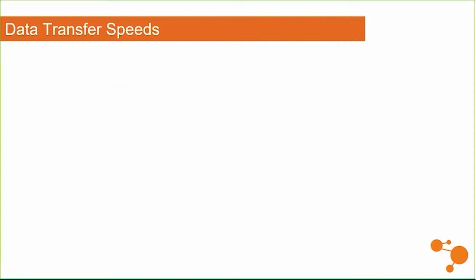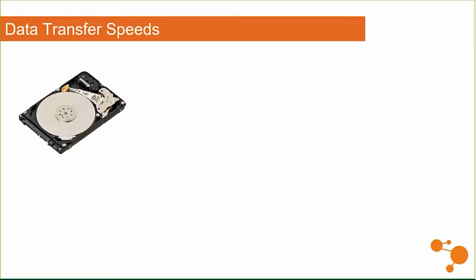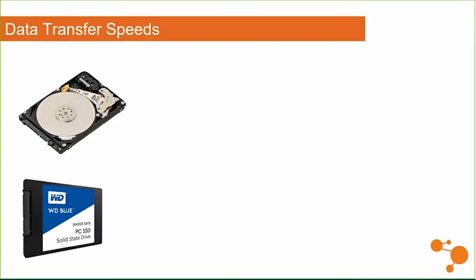So getting started, let's talk first about data transfer speeds. When we think about how we need to get something open in SOLIDWORKS, we're looking at a number of things, right? Where is the data being sourced from? We think of traditional hard drives.